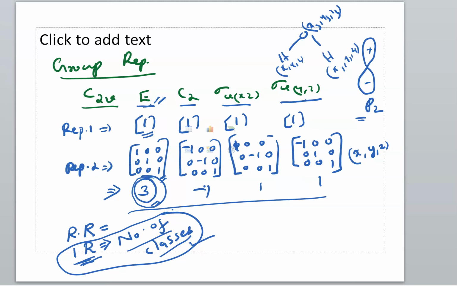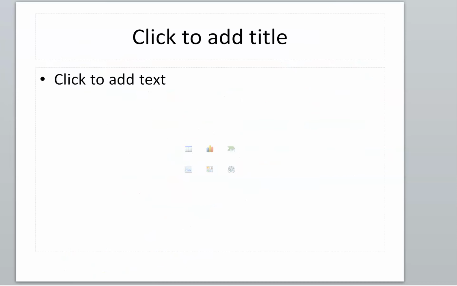Another thing we want to know is that there are many representations, as I told you. For example, for a particular point group, one representation is A, B, C, etc. These are matrices A, B, C, etc. for a particular point group, and we can transform these matrices into other matrices by similarity transformation.